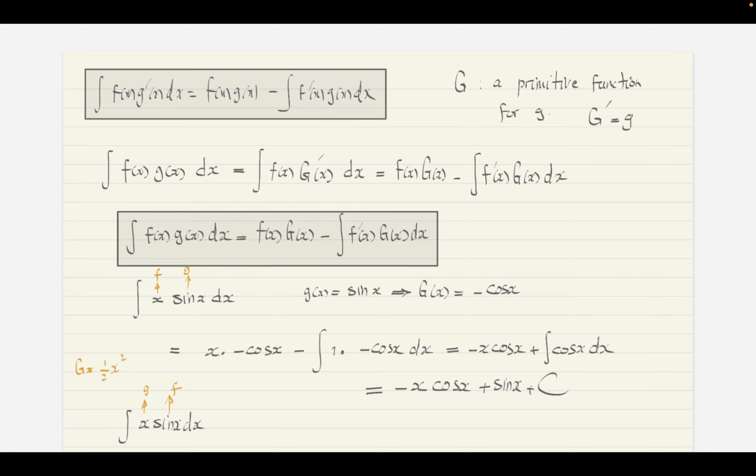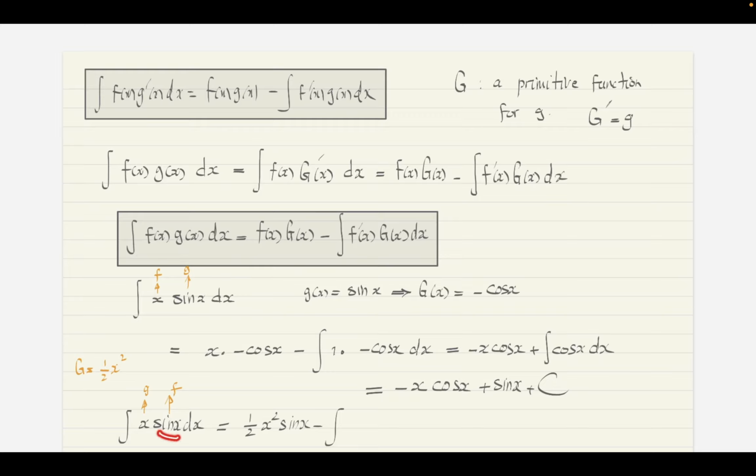Okay, so let us now continue. So this becomes equal to, according to the formula, little f times capital G. Little f is sine x, capital G is this expression. So this becomes 1/2 x squared sine x minus integral of f prime x.